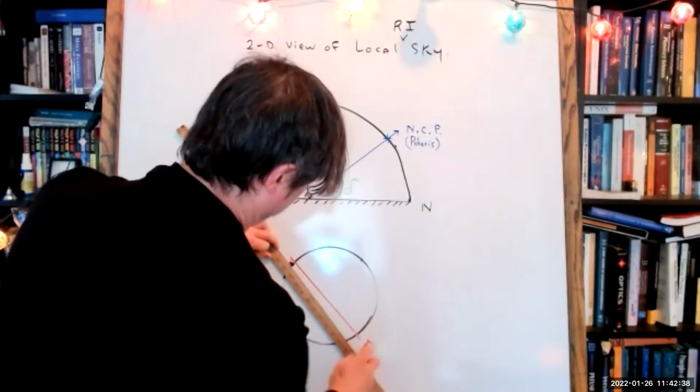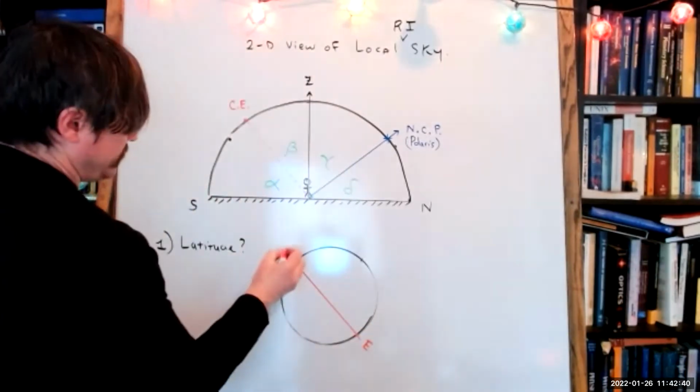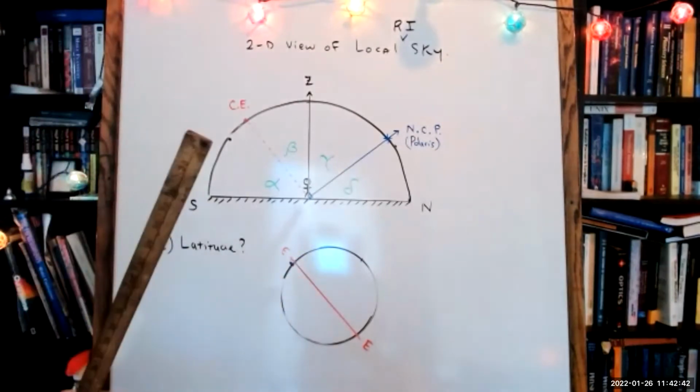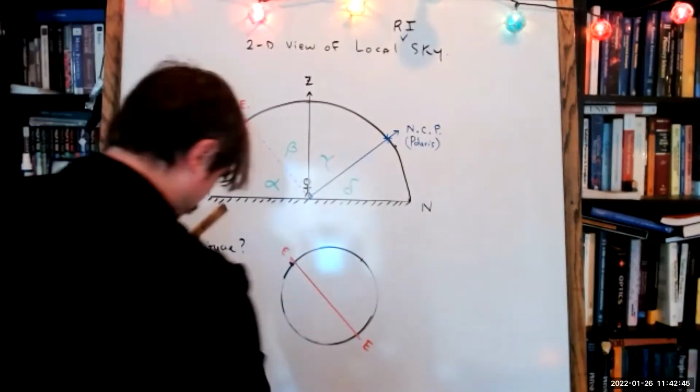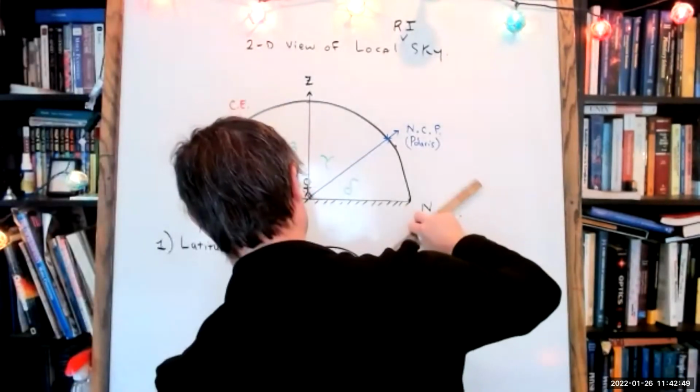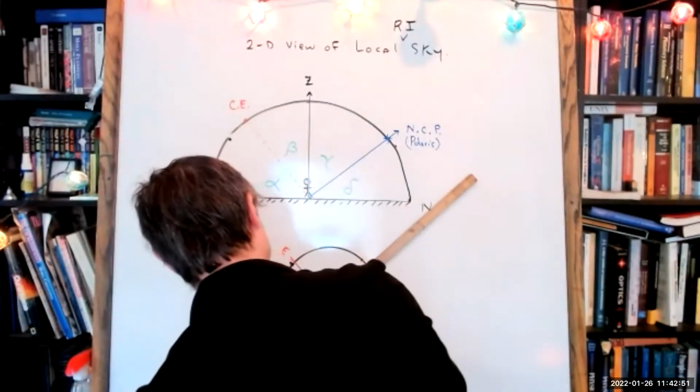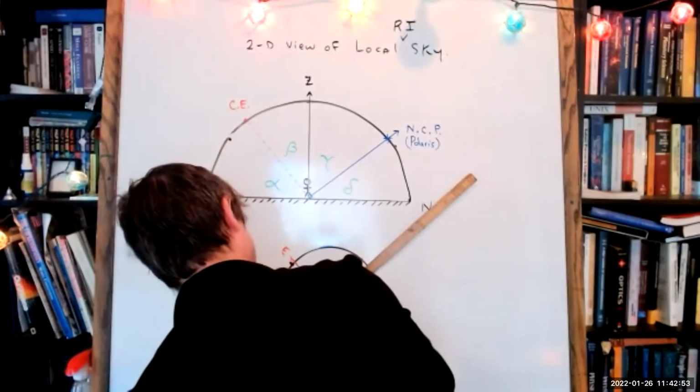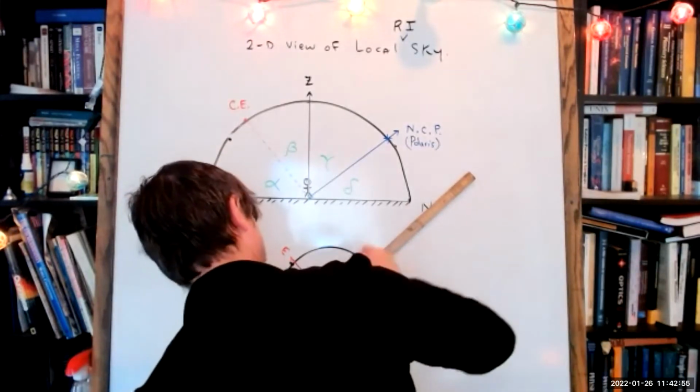So there's the equator, and the North Pole is like so. And I'm drawing this because I want the Rhode Island observer's head to be pointed up.